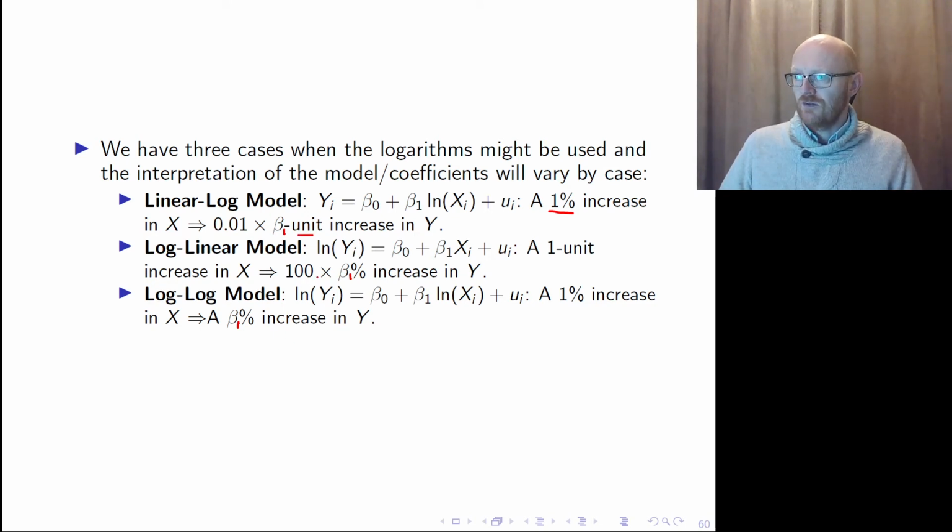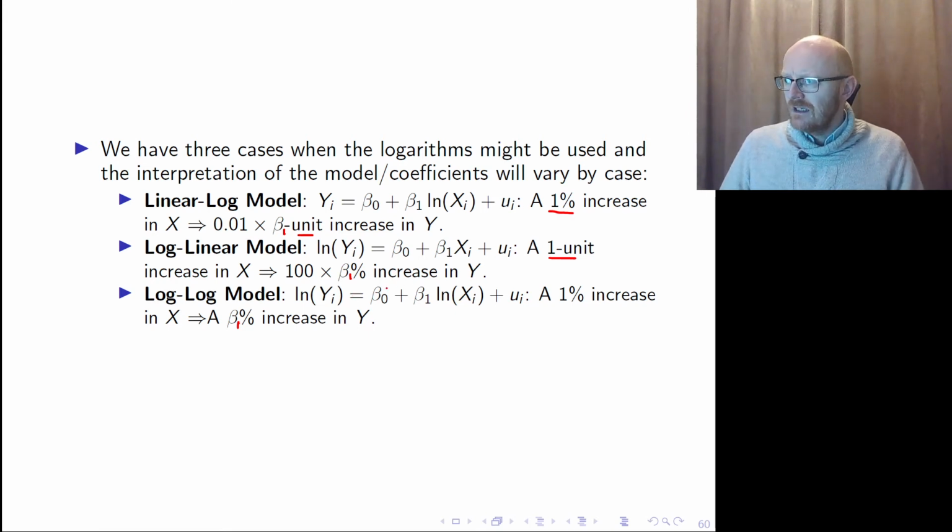increase in y. Okay, and you also have the log linear model, in which the y variable is transformed, and in this case a 1 unit increase in x is related to a 100 times beta 1 percentage increase in y.